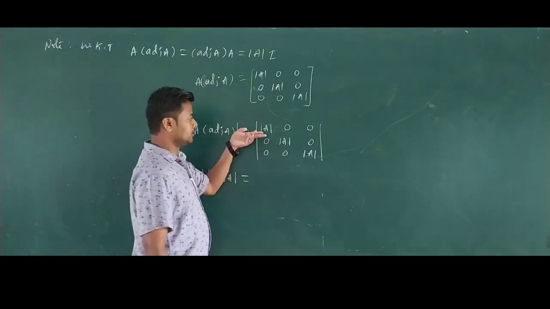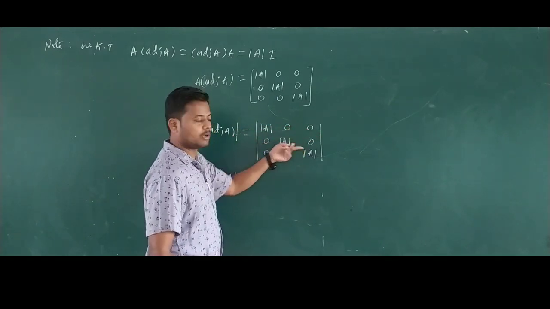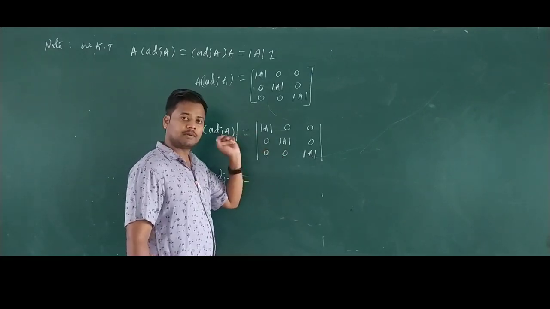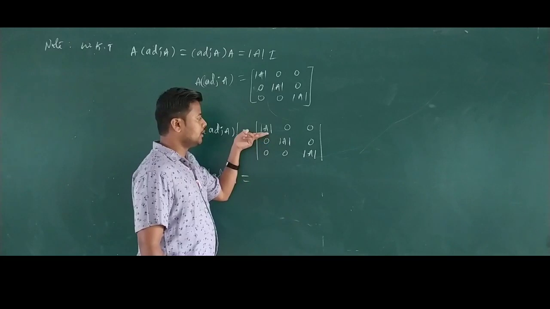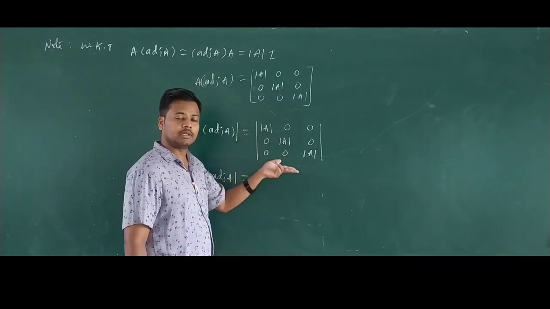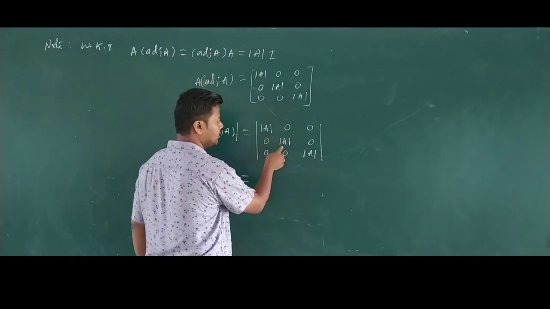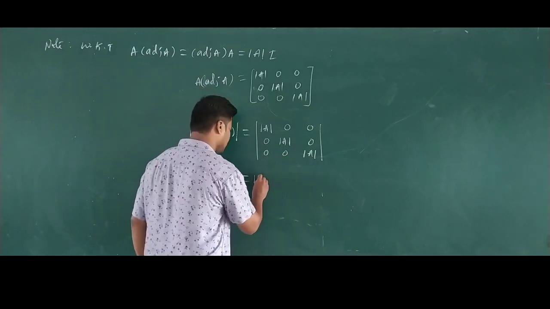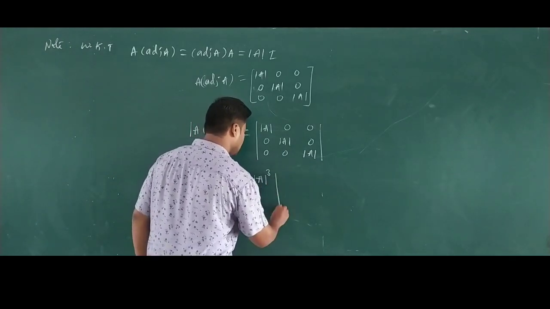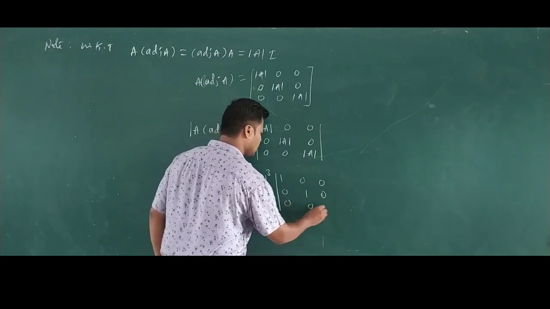Here see, in R1 determinant of A is common, in R2 determinant of A is common, in R3 determinant of A is common. This type of property was explained in the previous class. So taking out determinant of A from R1, R2 and R3, this is nothing but determinant of A to the power 3 into the determinant of 1 0 0, 0 1 0, 0 0 1.